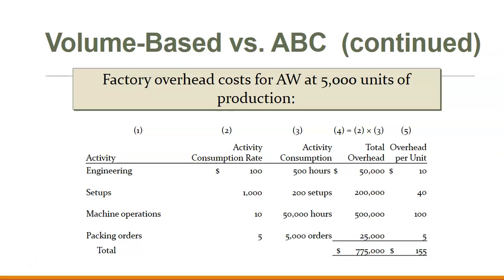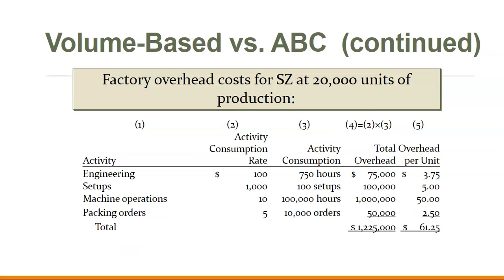When we make 5,000 units, we have 500 hours of engineering for a total of $50,000, 200 setups for a total of $200,000, 50,000 hours of machine operations, and 5,000 packing orders. This gives us total overhead to the AW product line of $775,000, or a per unit overhead amount of $155.